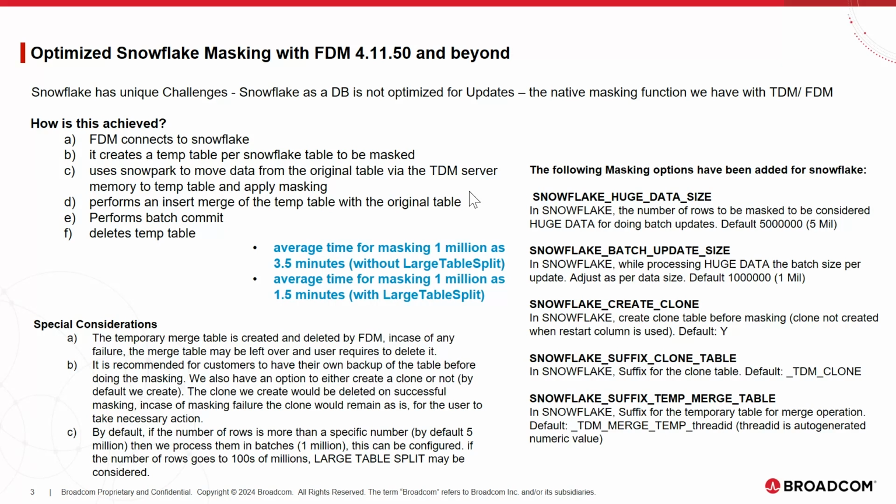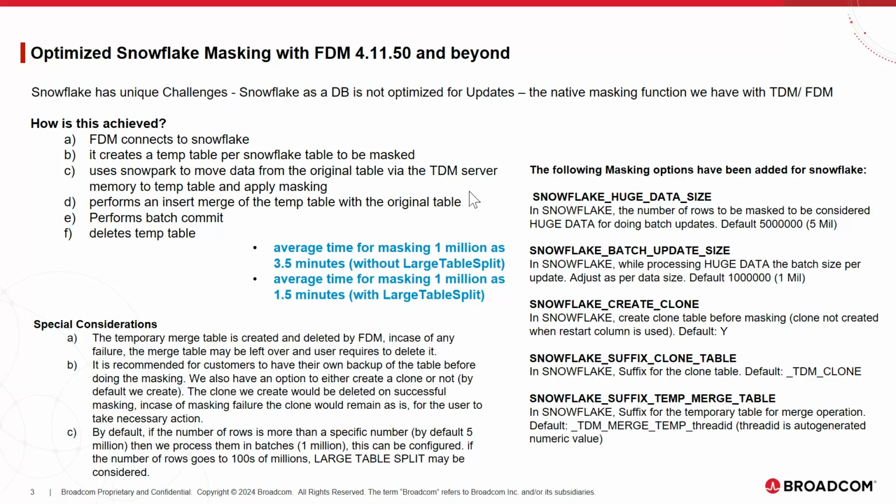The third key consideration is that when you have a very large number of rows with Snowflake, performing the commits with batch, as I mentioned, goes a long way to make the overall masking quicker. The default behavior for a large number of rows, where batch updates are automatically enabled, is 5 million.